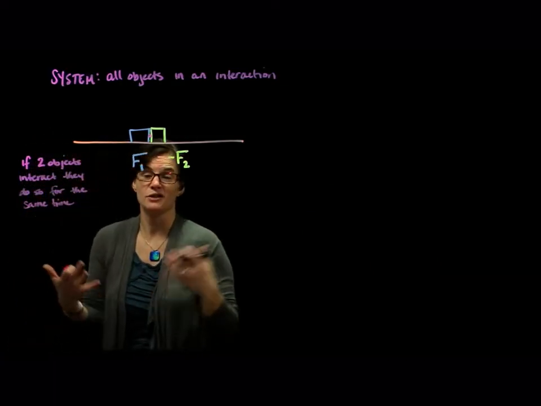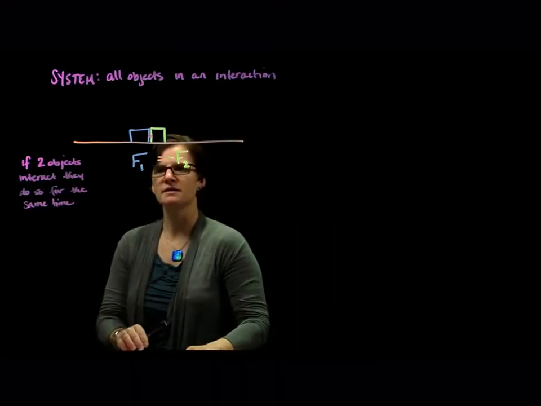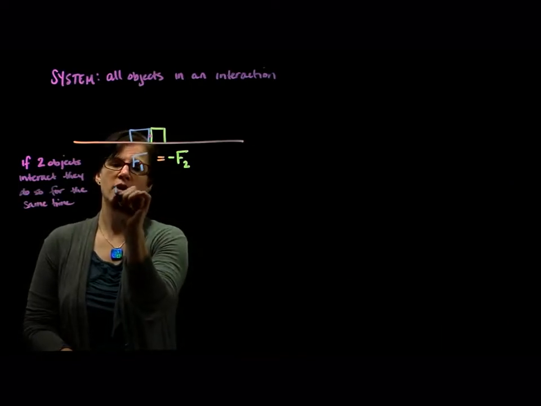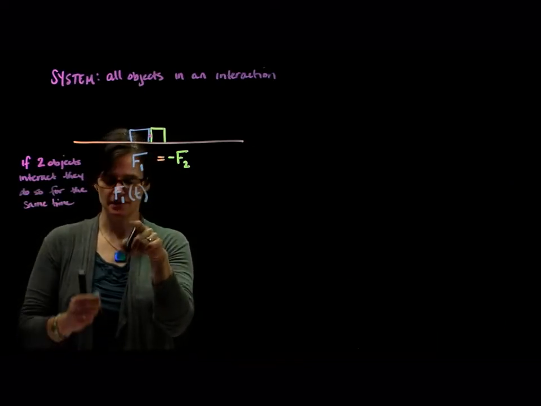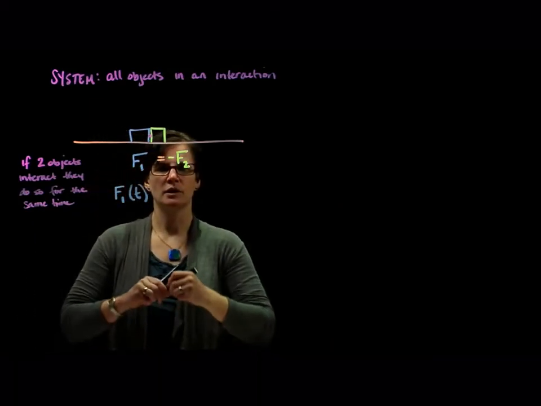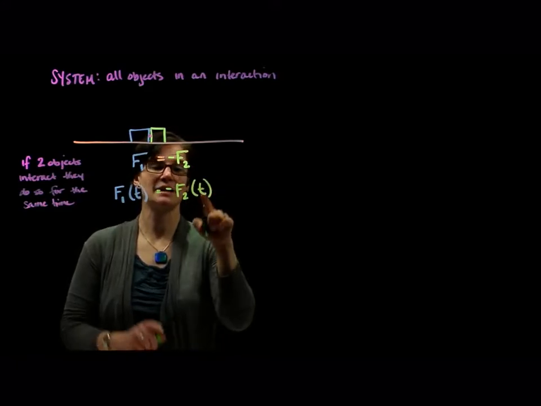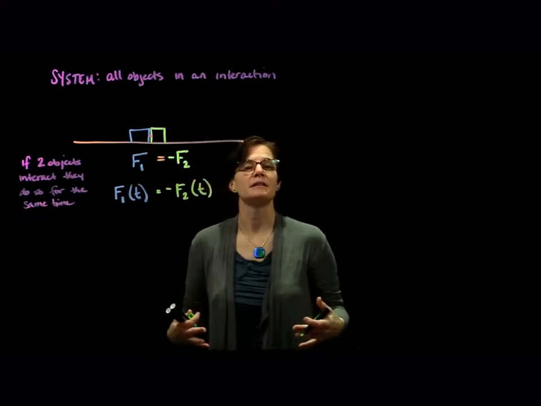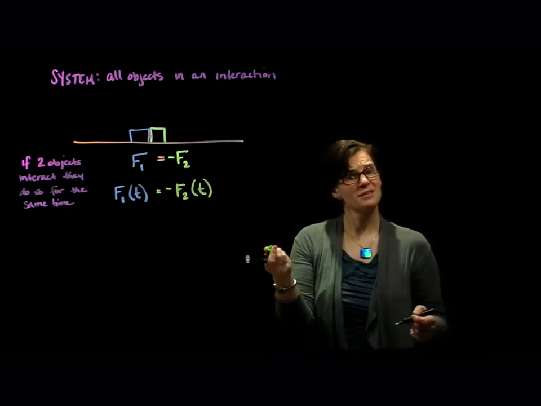They're in contact for as long as they're in contact for. They're interacting for as long as they're interacting for. Well, that tells us that the force that object 1 experiences times time t is going to equal minus the force that object 2 experiences times that same time t. They're interacting for that certain amount of time. Okay? Well, that's an impulse.